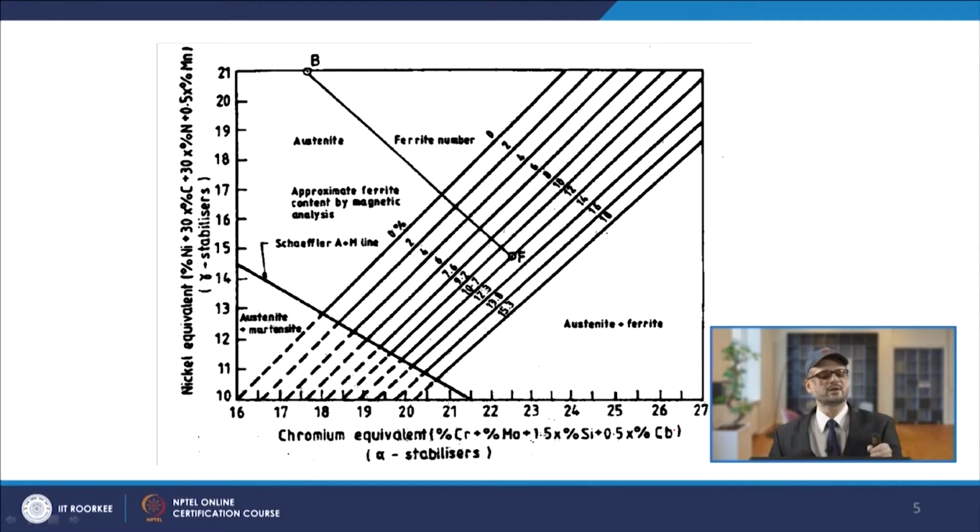Similarly, the nickel equivalent is given, and from these you will get the two points. So, first of all we will find the chromium equivalent and the nickel equivalent values.